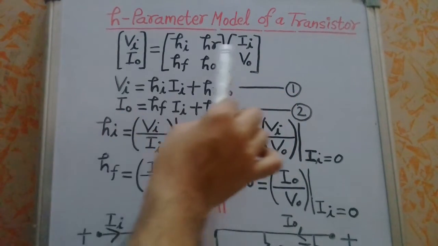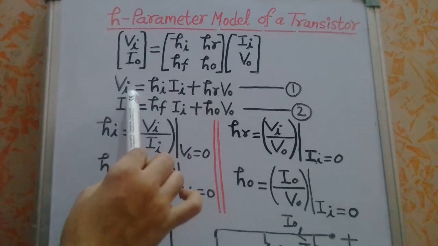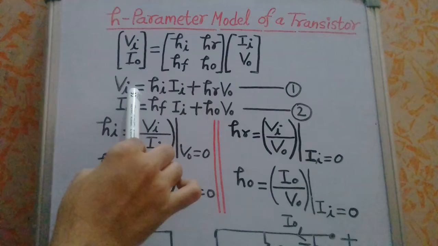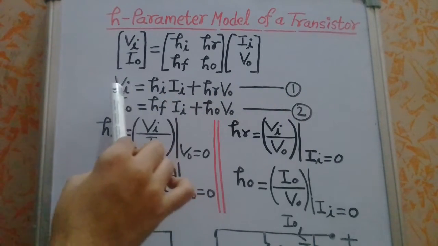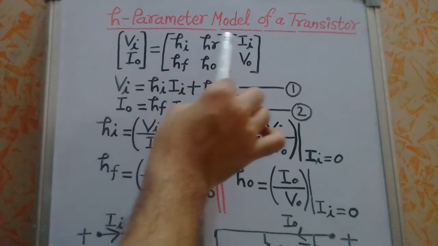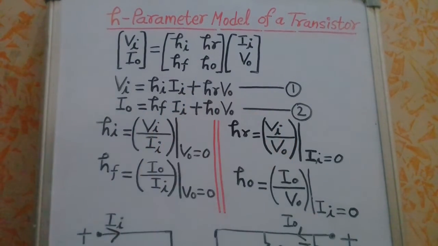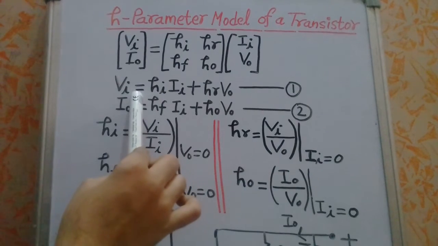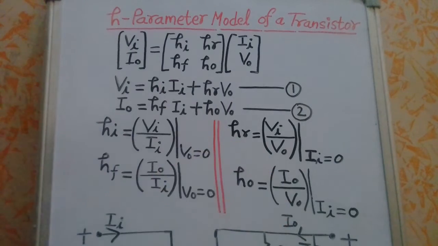So once I open this matrix, what will I get? Vi is nothing but the input voltage, so Vi is equal to hi into Ii plus hr into Vo.